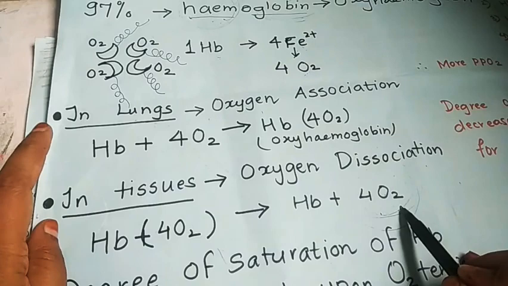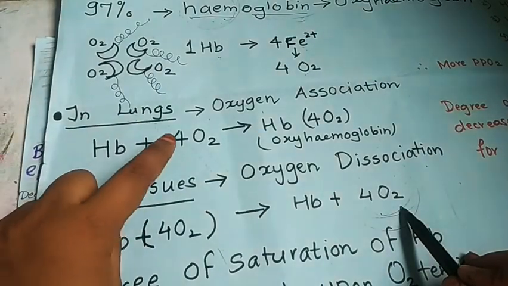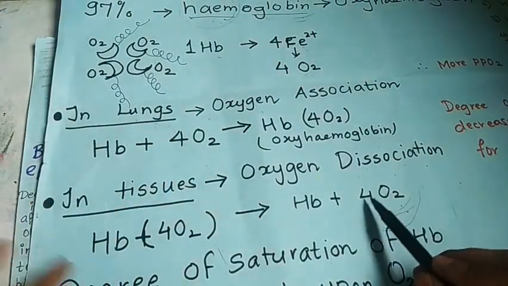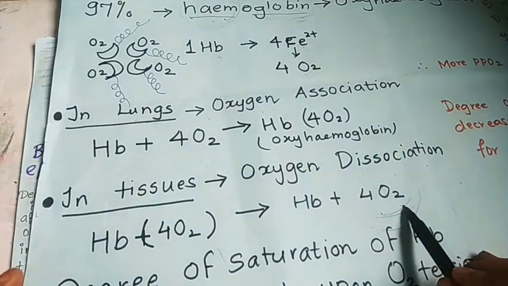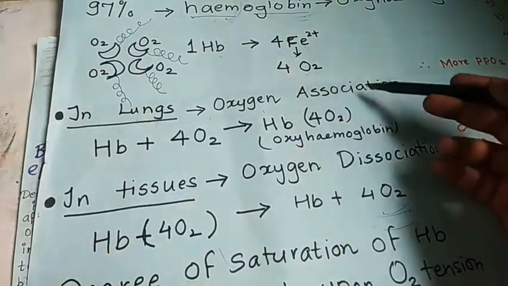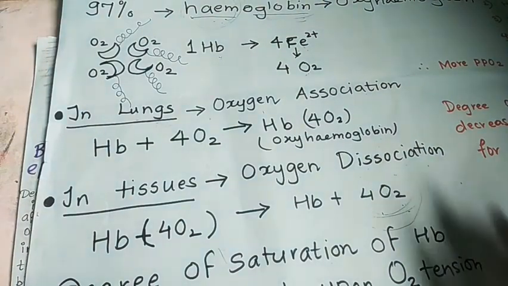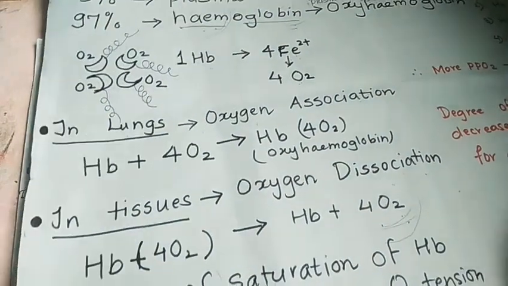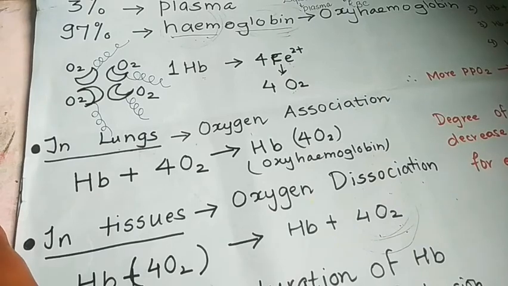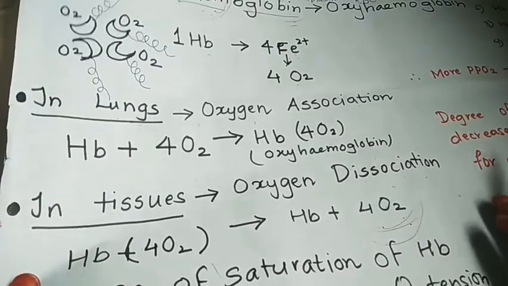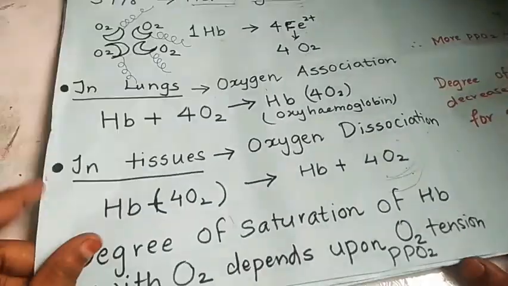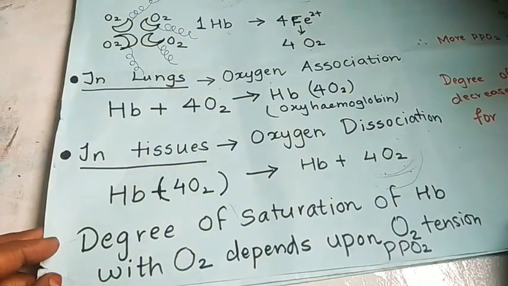So inside the lungs, oxygen is taken up and inside the tissue, oxygen is released. Oxygen association and oxygen dissociation can be explained using a graph known as the oxygen association dissociation curve.